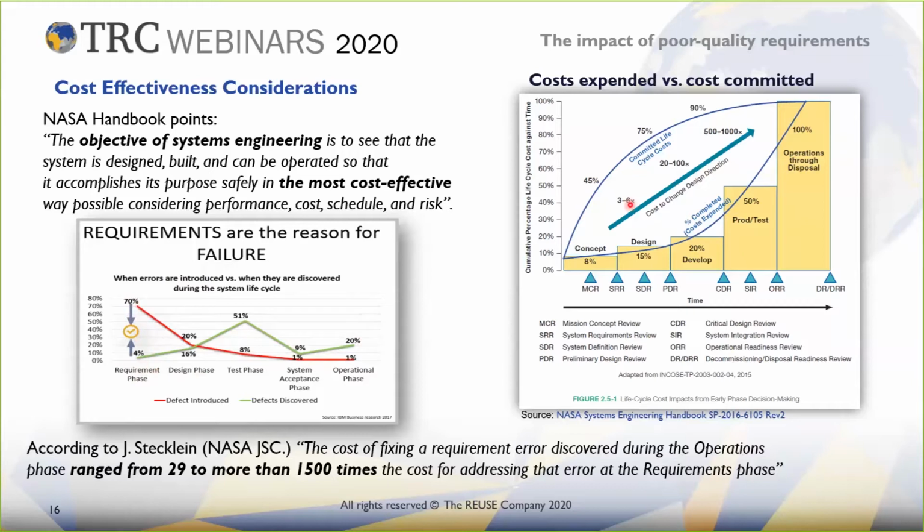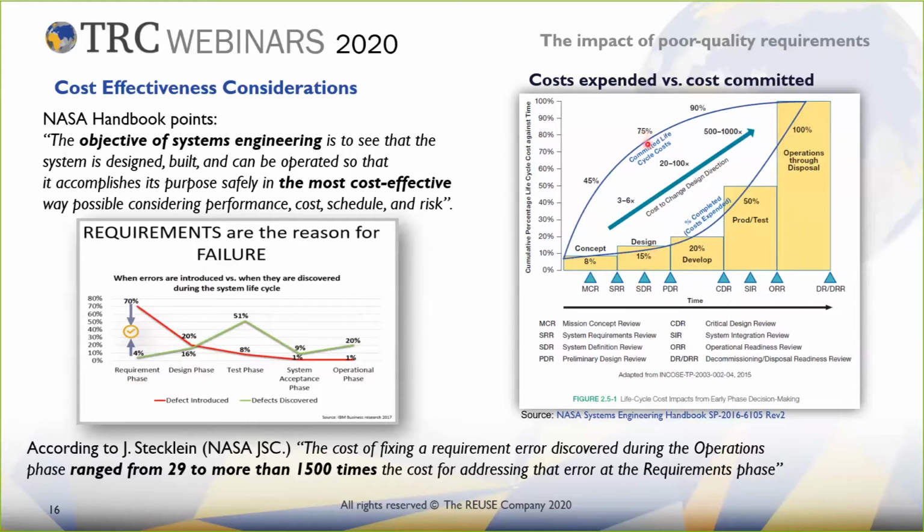Here on the right, we have included a graph from the NASA handbook, that is inspired by an in-course graph as well, where you can see that most of the cost of your projects is committed in the earliest stage. As a sample, up to the design phase, even if you have consumed just 15% of your cost, you have already committed 75%.